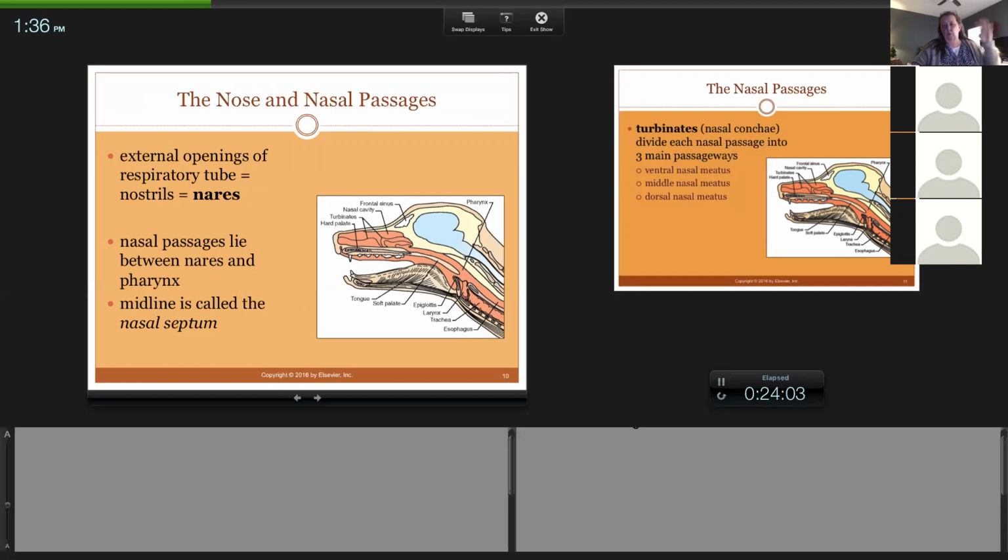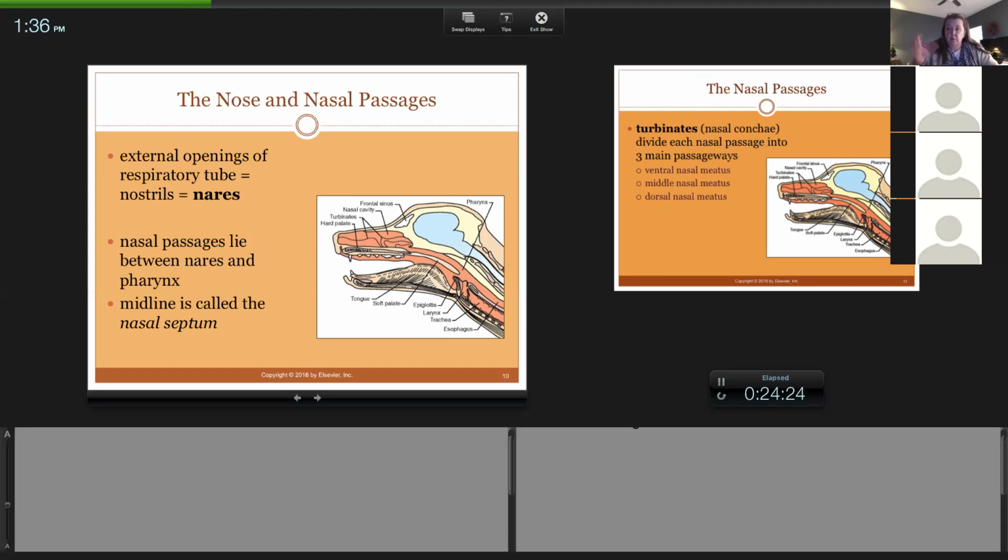They have a whole list of issues, but stenotic nares is a condition they can suffer from, meaning the nares are narrowed. I don't refer to them as the nostrils. If I'm talking about an animal, they are nares. It is the most rostral part of the respiratory tract.